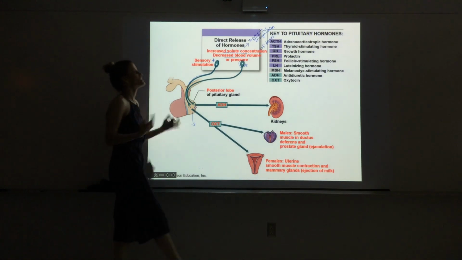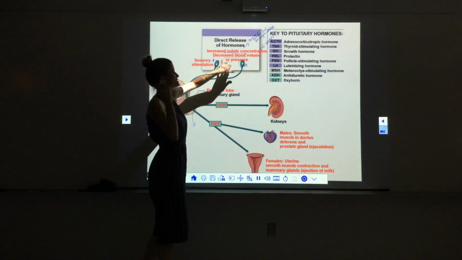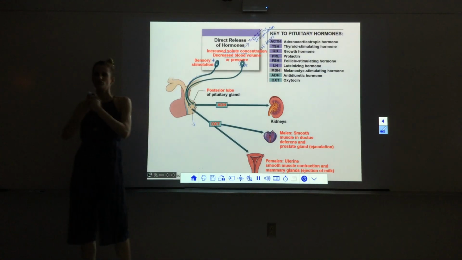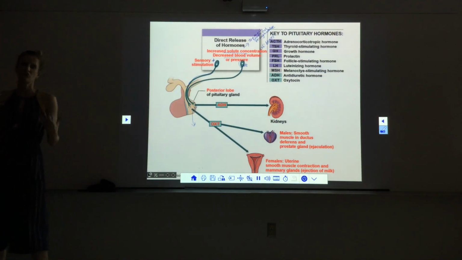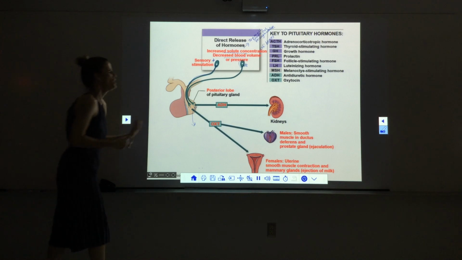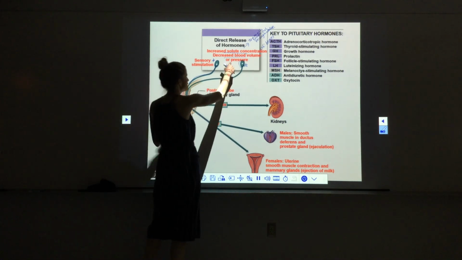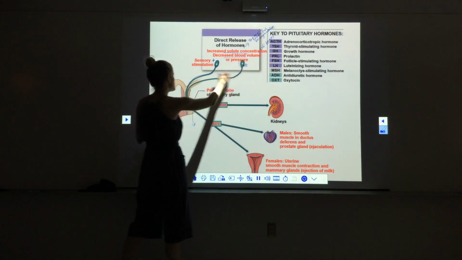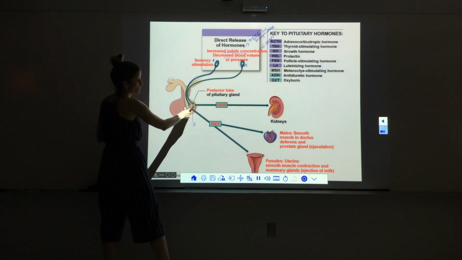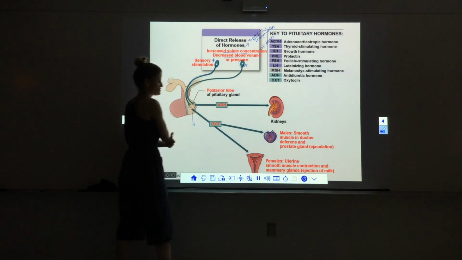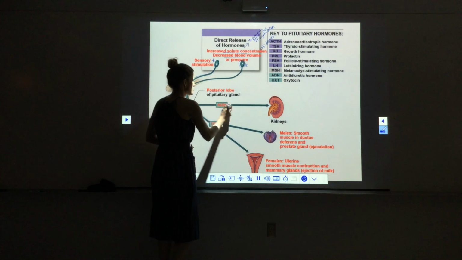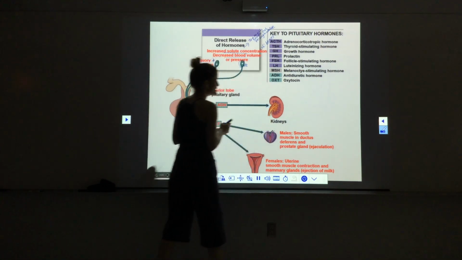So if any of those things happen, you have sensors that are sensing solute concentration, that are sensing blood pressure and blood volume and blood flow. If we sense that any of this is occurring, then we release antidiuretic hormone, okay, ADH, from the posterior pituitary. ADH then goes and acts on the kidneys.